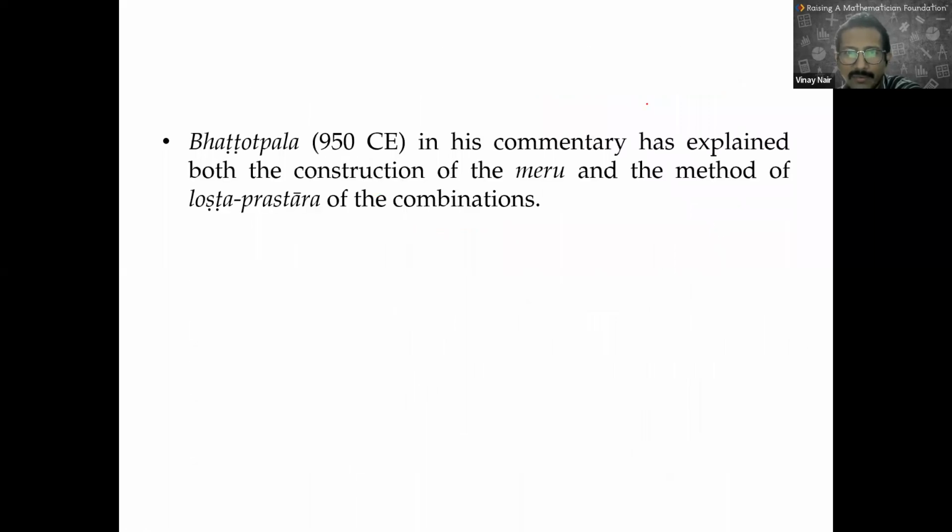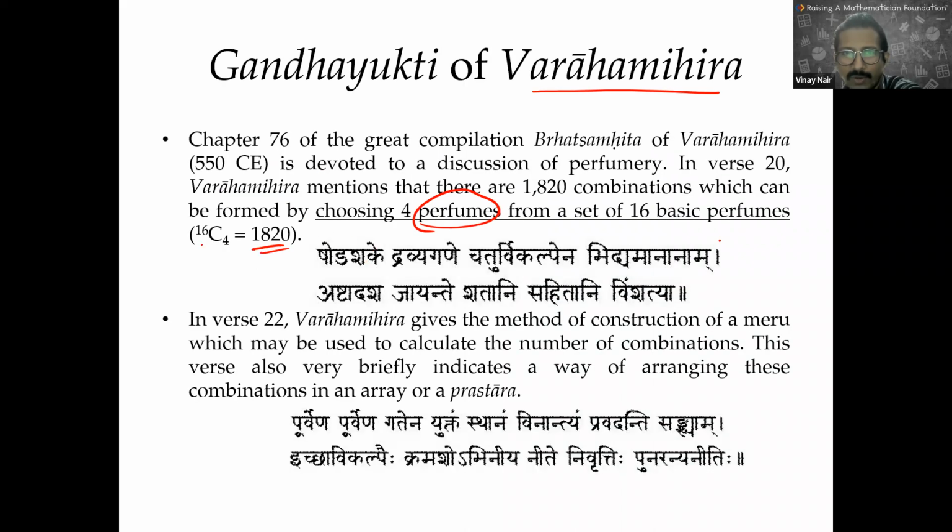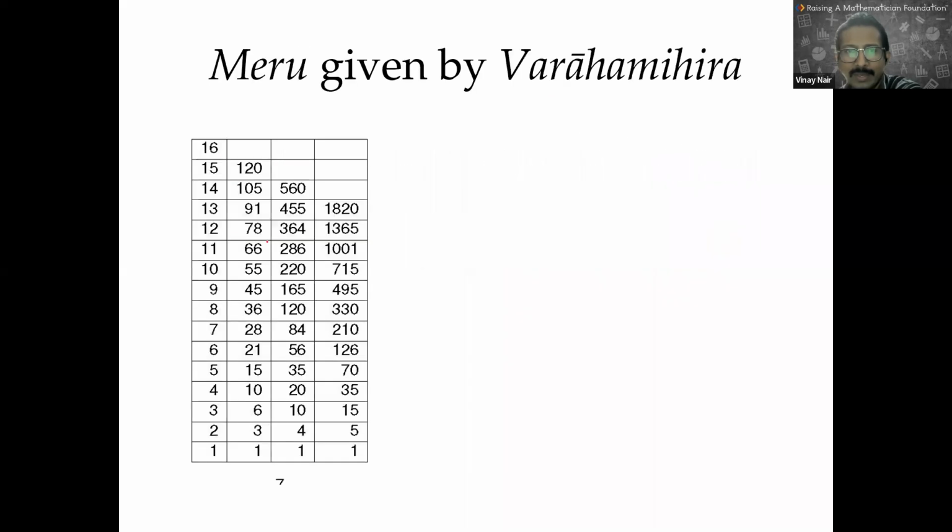In fact, this procedure is explained by Bhattotpala. This is the procedure of how to do 16 choose 4. He says, write down 1 to 16 like this. Then you write 1 plus 2 is 3, 1 plus 2 plus 3 is 6, 1 plus 2 plus 3 plus 4 is 10. You keep adding that and you go till the 15th row.